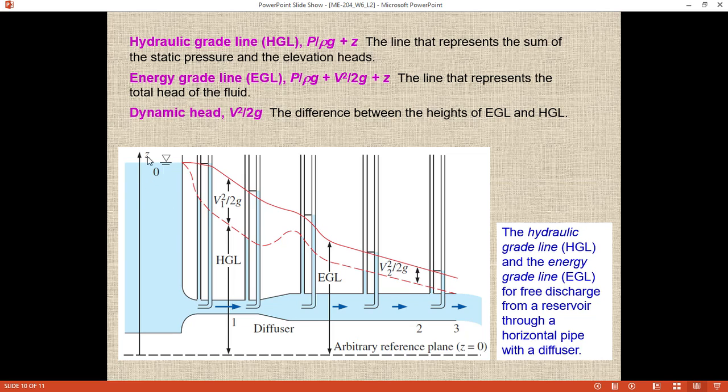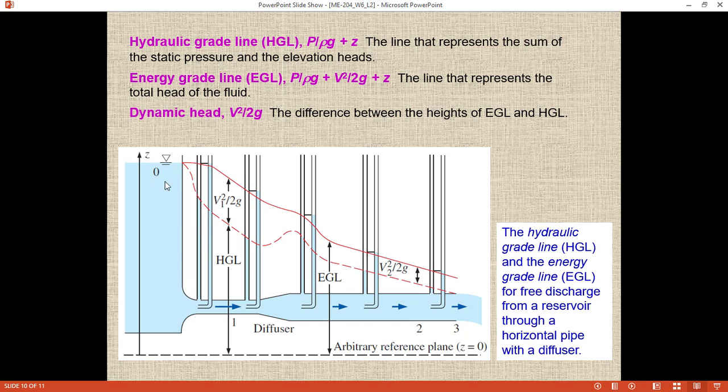So here you see this is the large reservoir. When the fluid enters the pipe, this is your piezometer and this is the pitot tube. As it enters the pipe, the velocity increases from 0 to some value. As the velocity increases, the dynamic head appears, and this is your elevation head, this is your static head.